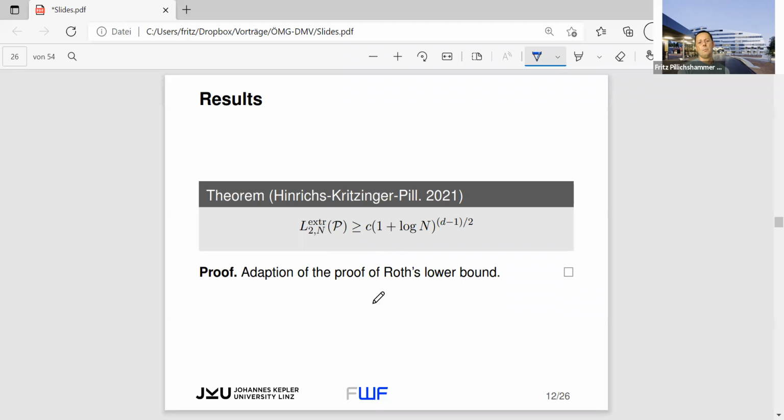And it's also not a big surprise that the proof for the L2 extreme discrepancy is an adaptation of the proof of Roth's lower bound, also in terms of the Haar series. So I don't want to go into details here. So all three types of L2 discrepancies satisfy this Roth lower bound of order (log n)^((d-1)/2).